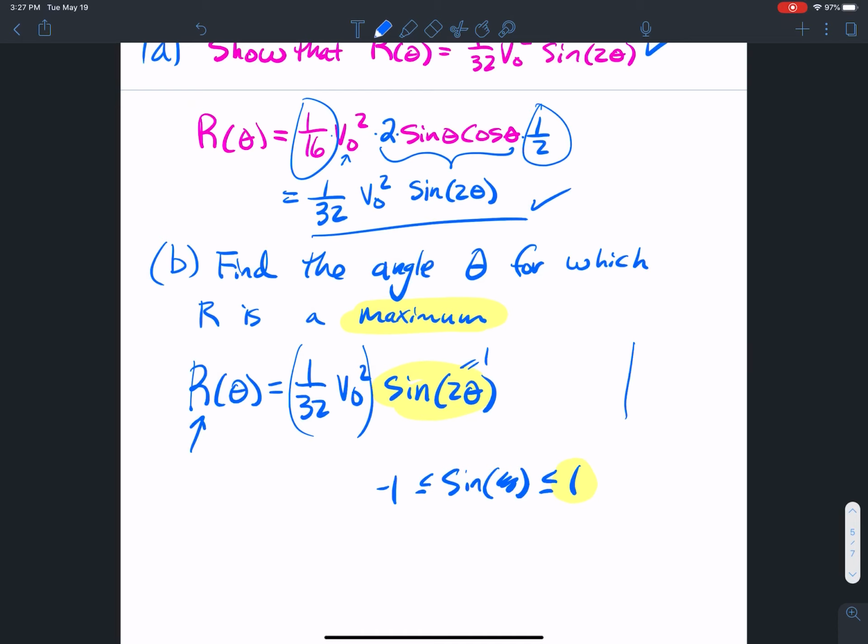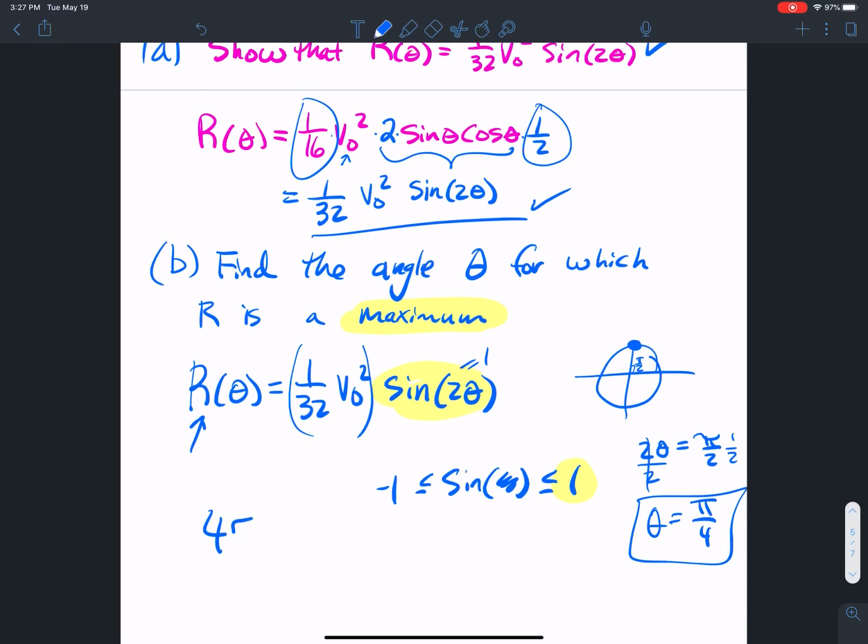Well, sine is equal to 1 at pi over 2, angle of pi over 2. So if I have 2 theta equals pi over 2, if I divide by 2, I get theta equals pi over 4. So the angle is pi over 4. So the inclination, pi over 4, is like a 45-degree angle, which kind of makes sense.